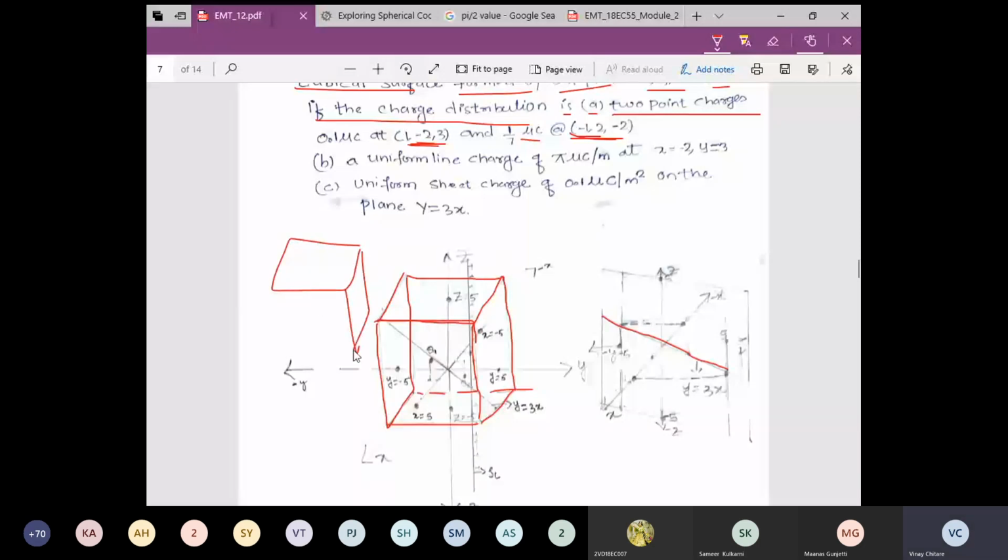I have a cube, and inside this cube I'm placing two charges. One is Q1 equal to 1 coulomb and Q2 equal to 2 coulomb. So tell me, what is the total charge enclosed inside this cubical surface?